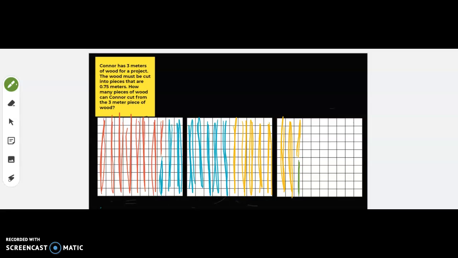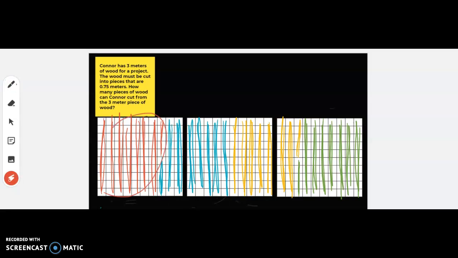So there's the 5 hundredths. And if I look back at my number, I need 7 tenths and 5 hundredths. So I've got my 5 hundredths. 1, 2, 3, 4, 5, 6, 7 tenths. So now if I look at my work, I need to see how many colors I have.